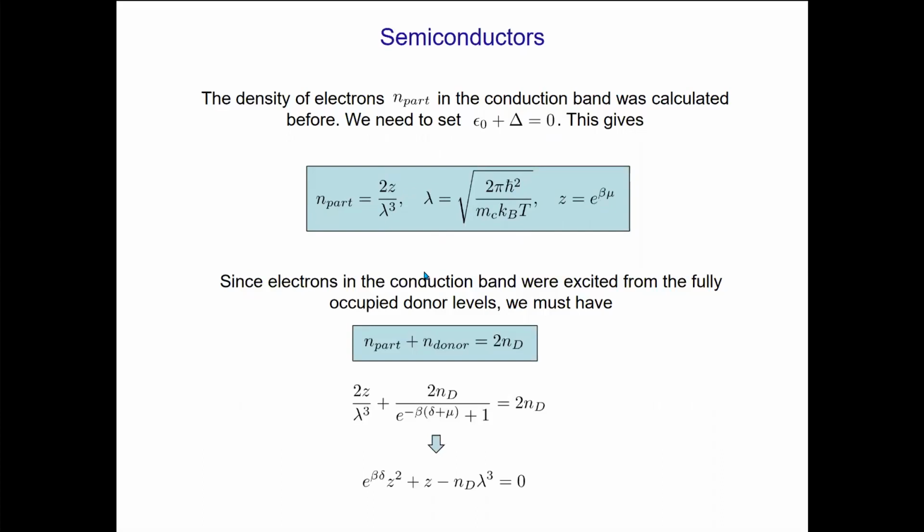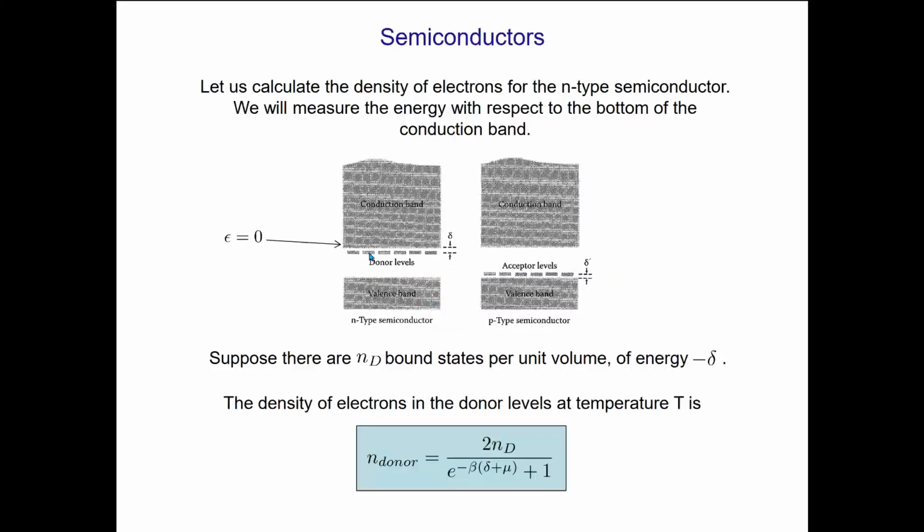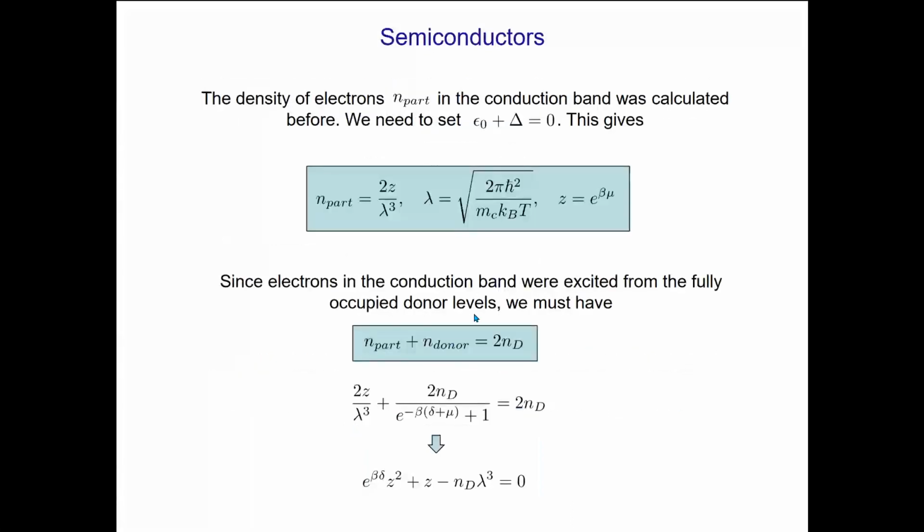Since electrons in the conduction band were excited from the fully occupied donor levels, basically free electrons from those pentavalent atoms, we should have that the number of particles plus the number of donors should be simply equal to 2 n_d, the number of donors, with spin 2. So with two orientations of spins, up and down.